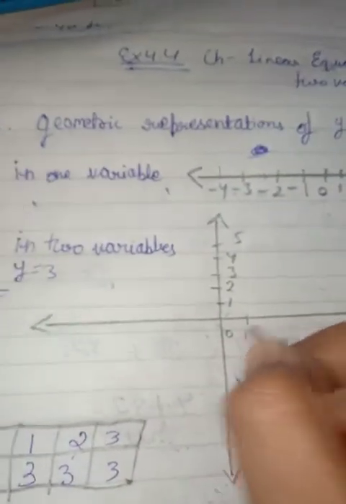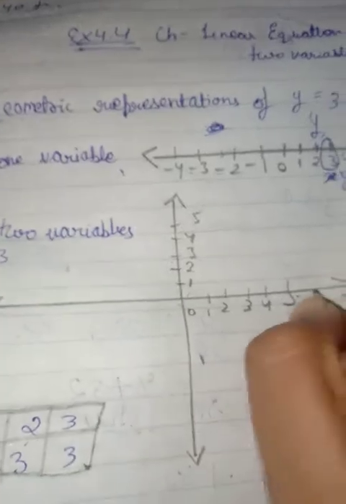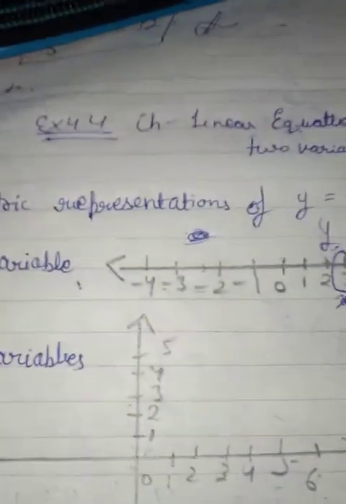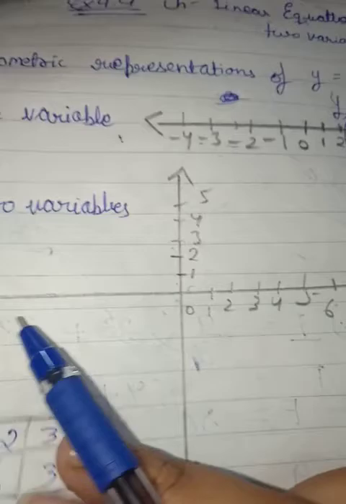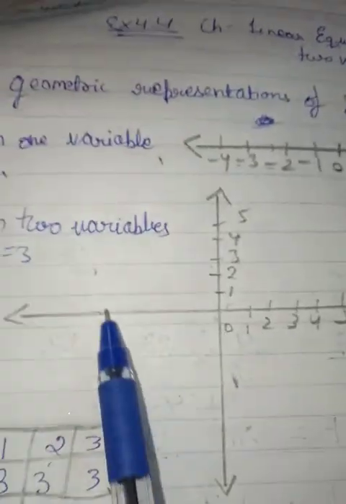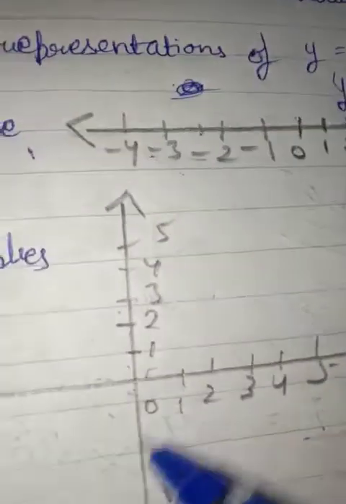This is 1, 2. So we want this one only, so we will not draw this one. In exam you have to draw every part. This is minus side. So we have to take only this one, so we will plot on this side.